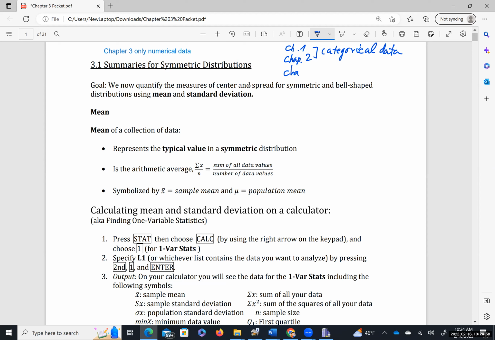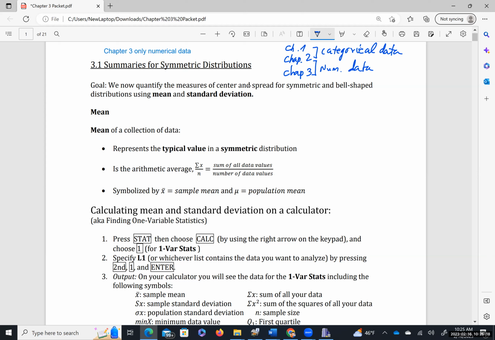And now in chapter 3, we focus on numerical data, right? Which is the data that's basically numbers. Okay.